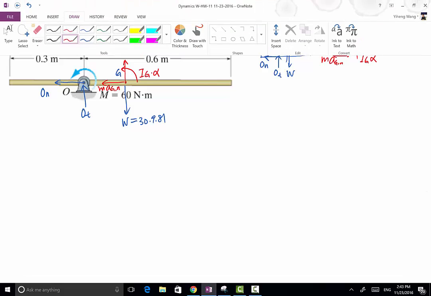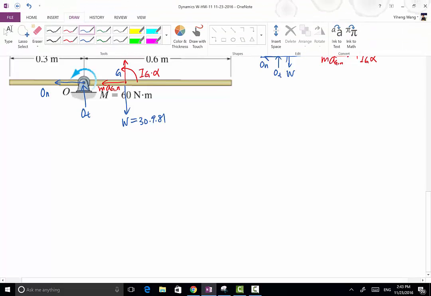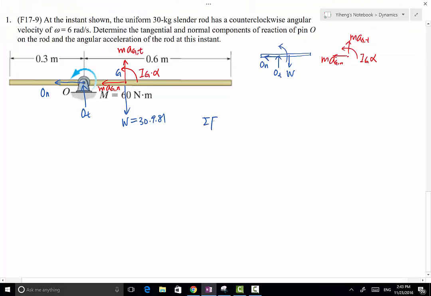We will have the resultant force along the normal direction, which equals O_N. That's the only one along the normal direction. And that equals m a_G n. But because this is a problem involving rotation about a fixed axis, we can rewrite this equation into m omega squared r. m is the mass of the rod, which is 30 kilogram. Omega is 6 raised to the second power.